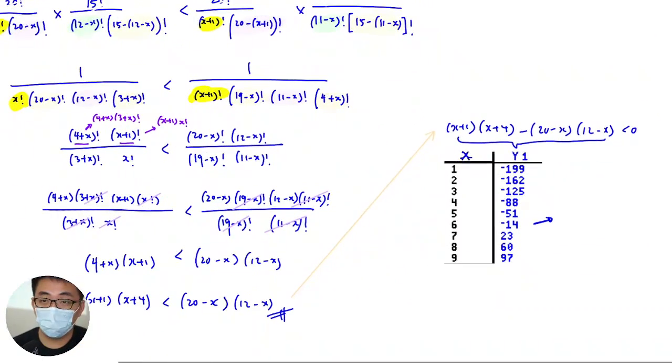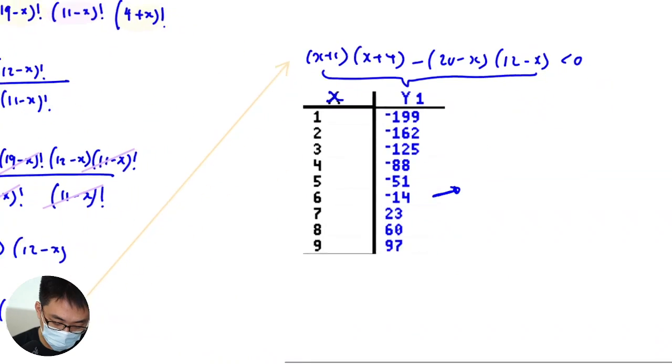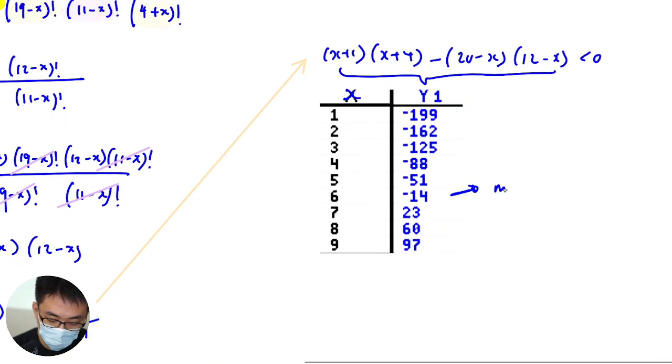Am I right? Yeah, so the largest x, not one. Just x is equal to 6.